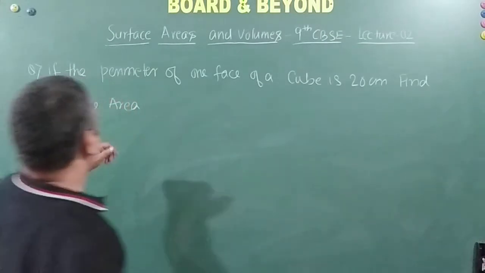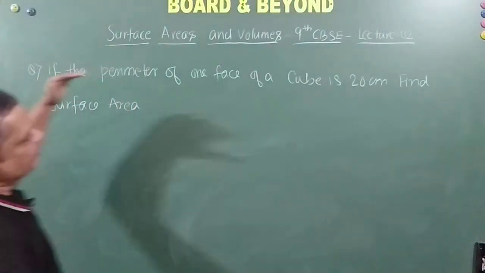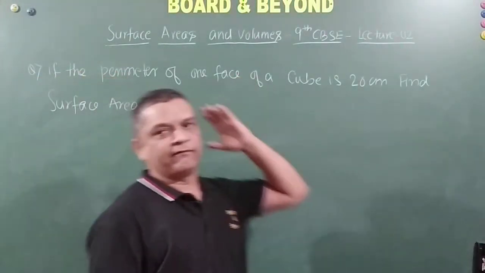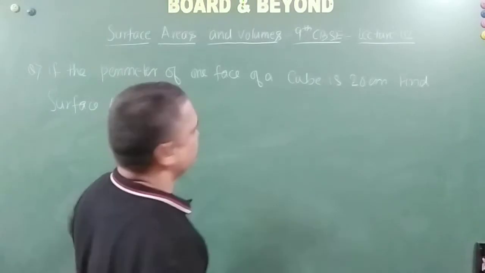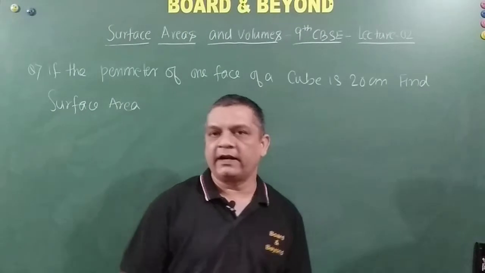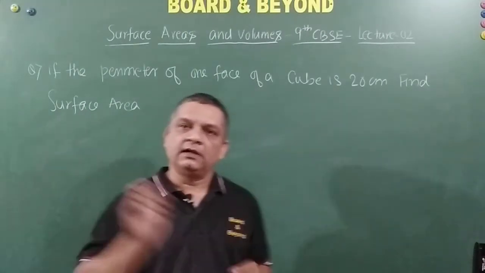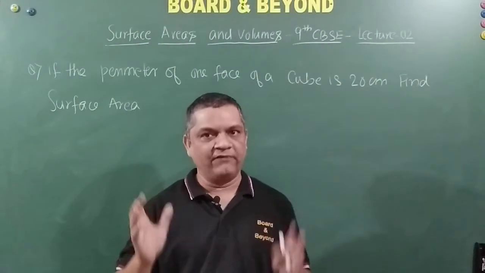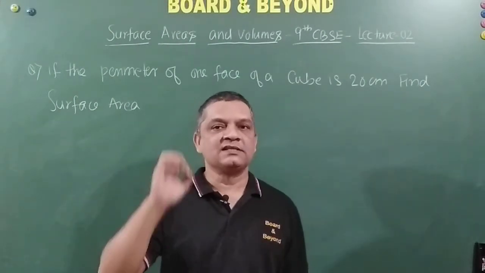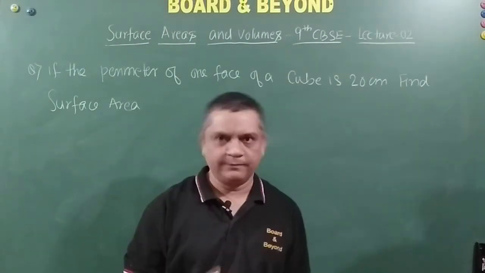Right friends. So the next question is, if the perimeter of one face of a cube is 20 centimeter, then we are expected to find the surface area, right? So let us first try to remember what is a cube. A cube is a solid figure which has length equal to breadth equal to height, correct?